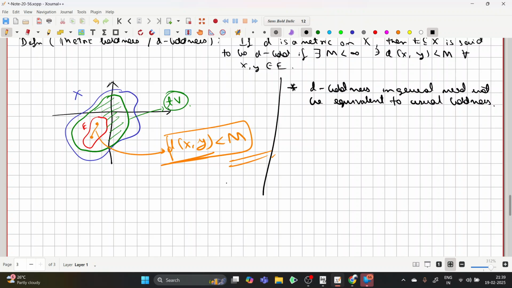Once we have the proof of the metrization, in that proof we construct a metric specifically, and that specific metric will serve as an example to this remark. Since we are omitting that proof for now, we are omitting this example as well, but you need to keep in mind that d-boundedness is not in general equivalent to the usual topological vector space boundedness, even if d is invariant.